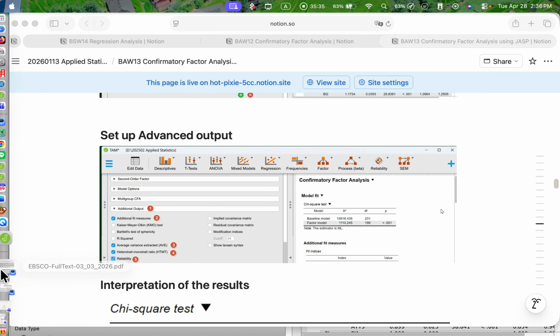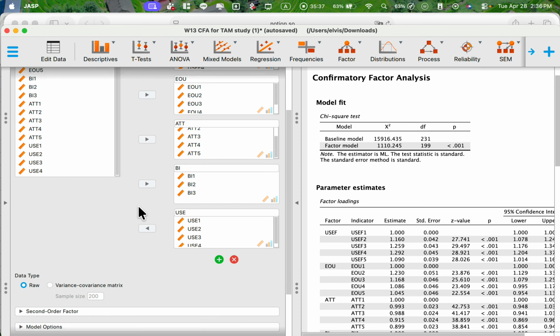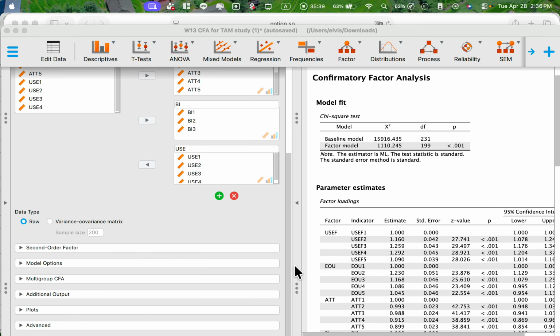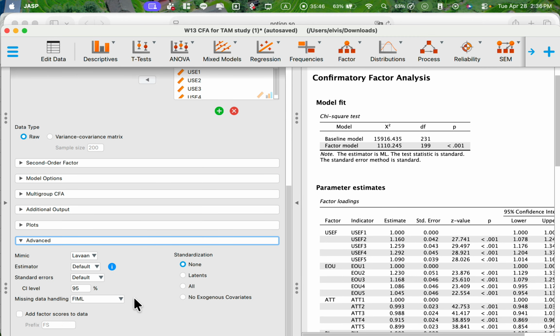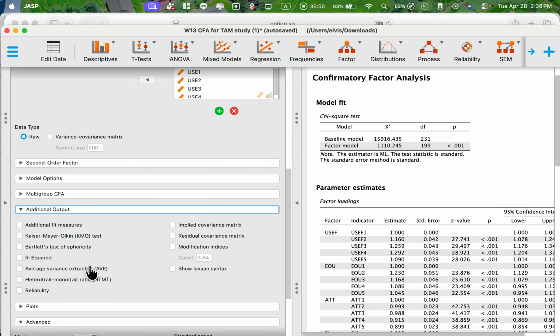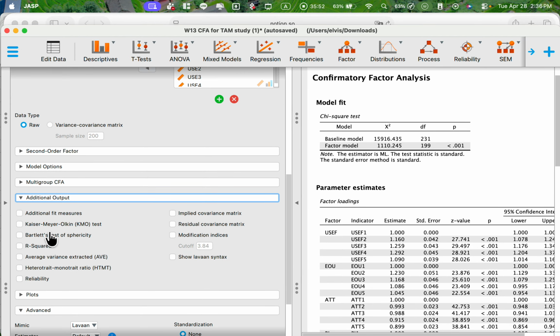So let's take a look. Now scroll down. For the advanced, check the advanced. Not here. I think additional output. Yeah, this one. Yeah, good. So now click additional output, and the first one is called additional fit measures. Click this one.